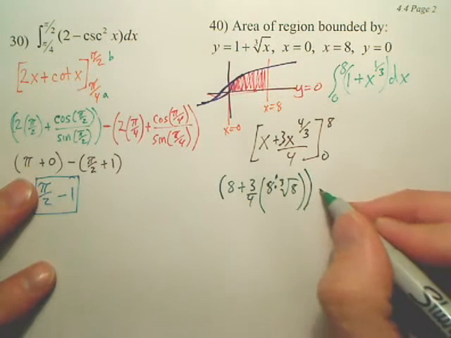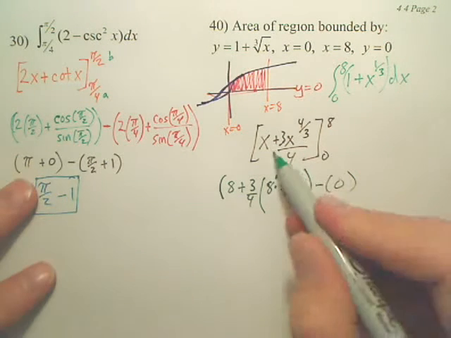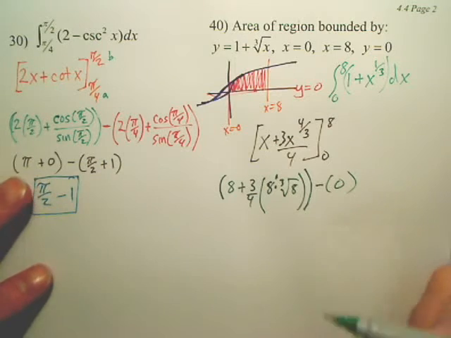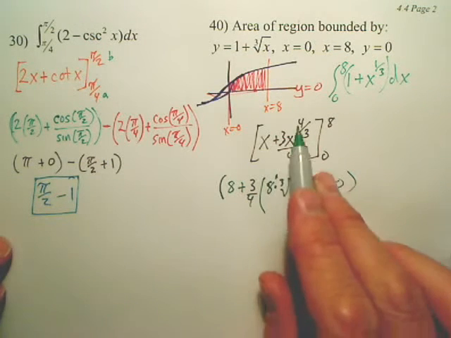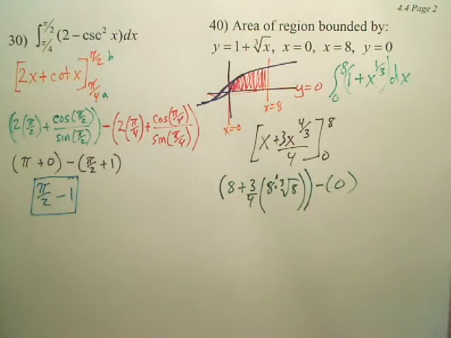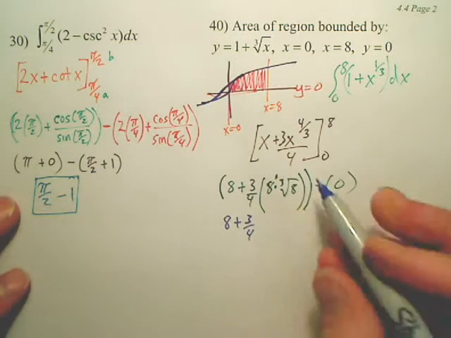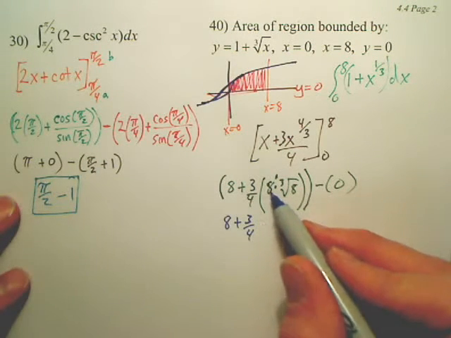Sorry if I confused you. Isn't the second one 0? Plug in 0. You get 0. Now again, 8 to the 4/3 is 8 to the 1 and 1/3. So my answer is 8 plus 3/4, and that's 8.